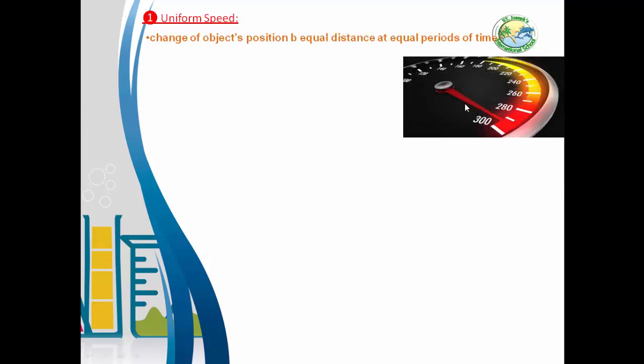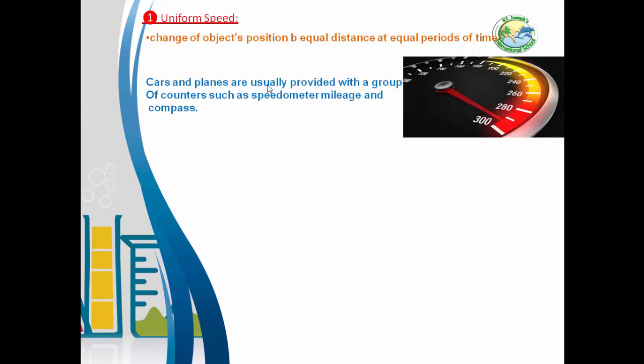Cars and planes are usually provided with a group of counters, such as the speedometer, mileage, and compass. These devices are used to measure the speed of the car.